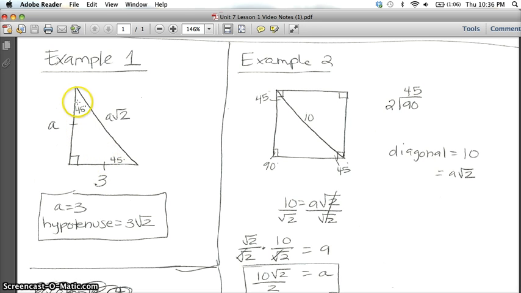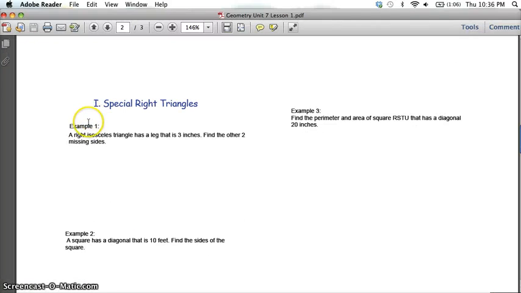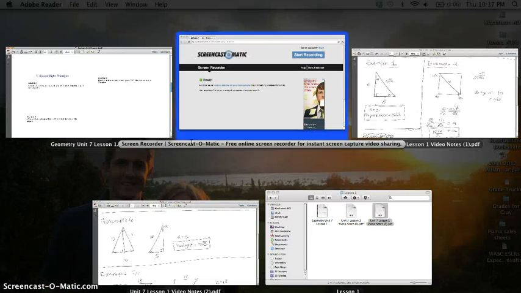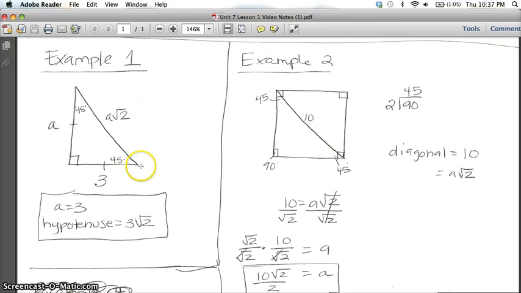So we've got 45, 45, 90. It tells us that our leg is 3 inches, which means the other side has to be 3 inches because both of these sides are congruent.